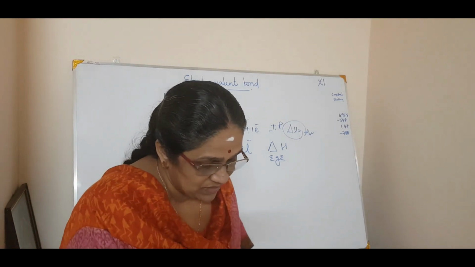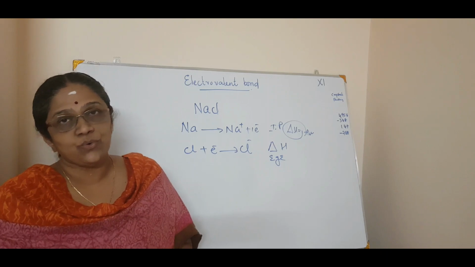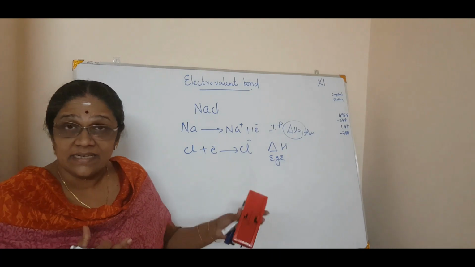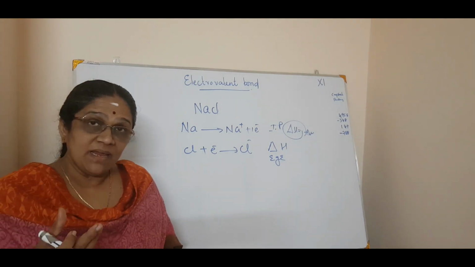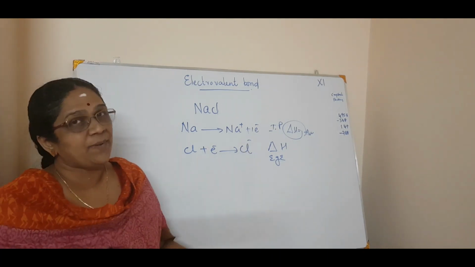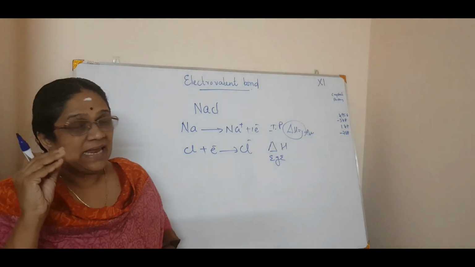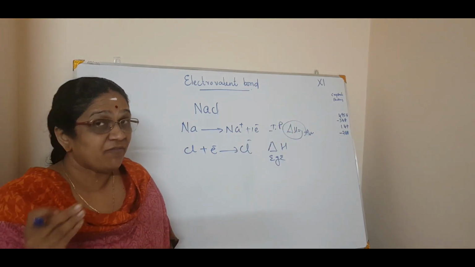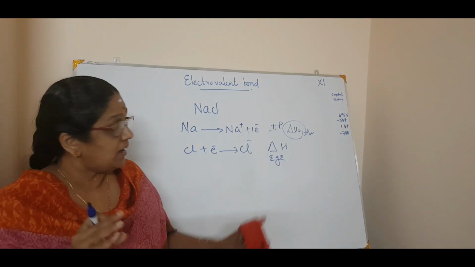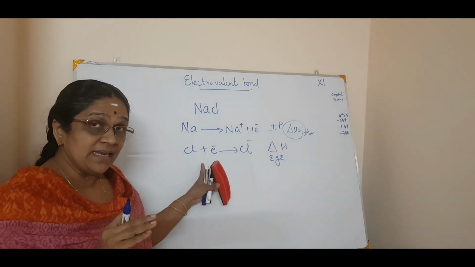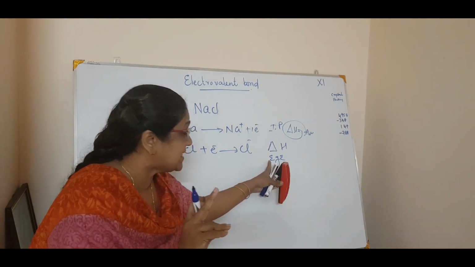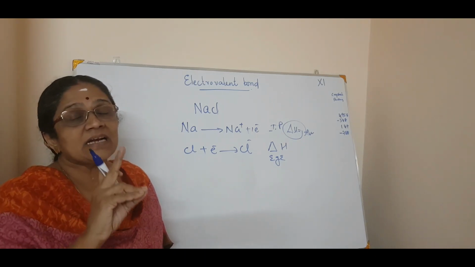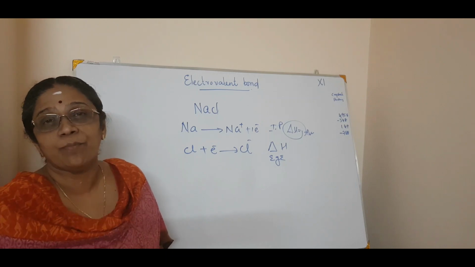Okay. Now, electron affinity also you know. According to this criteria, remember, an element or an atom having a lowest IP is favorable, and also an element having a high value of negative electron gain enthalpy favors an electrostatic bond or an ionic bond.